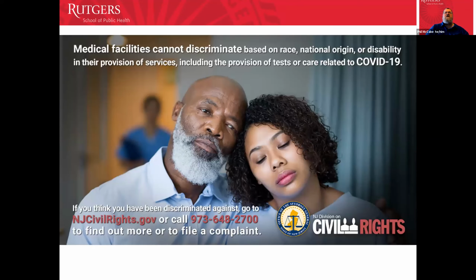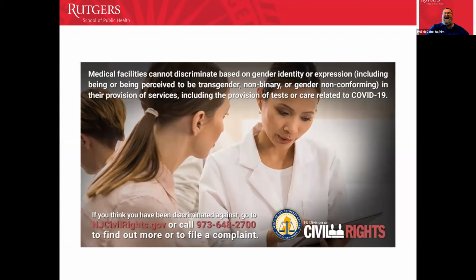Here's another one that reminds us about medical facilities. And the first two did not include gender identity or expression, including being perceived as transgender, non-binary, or gender non-conforming, which is also supported by the New Jersey Division of Civil Rights. So that's very important information.